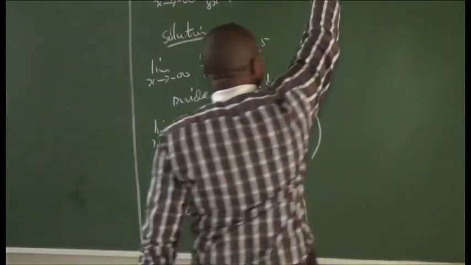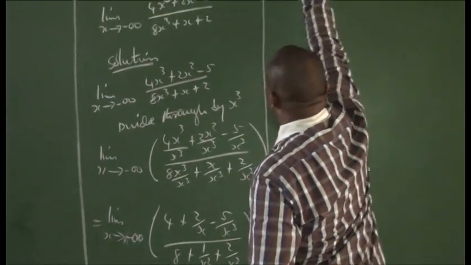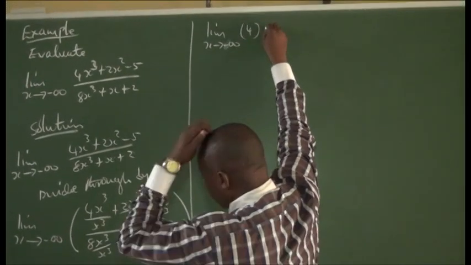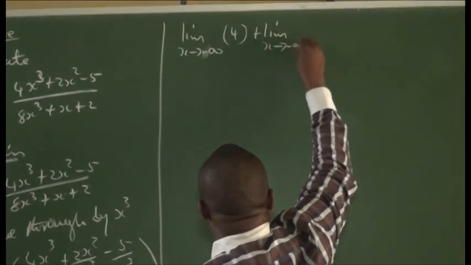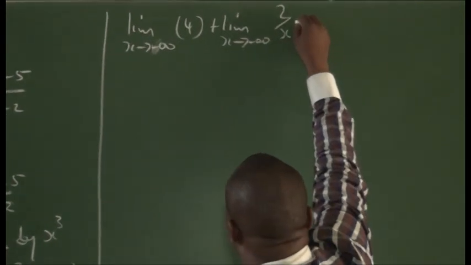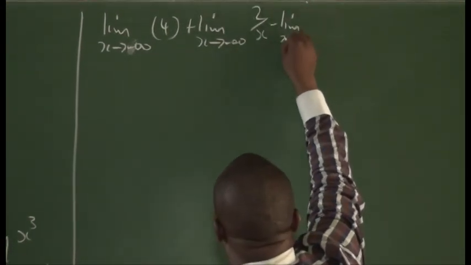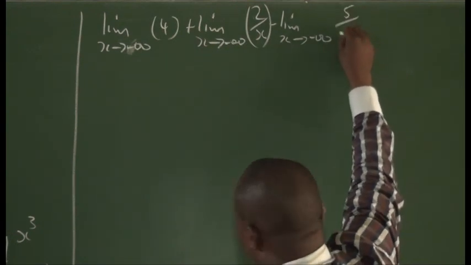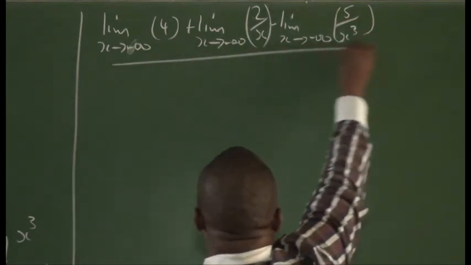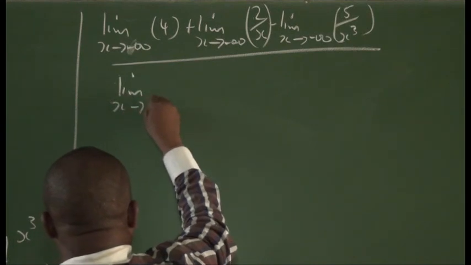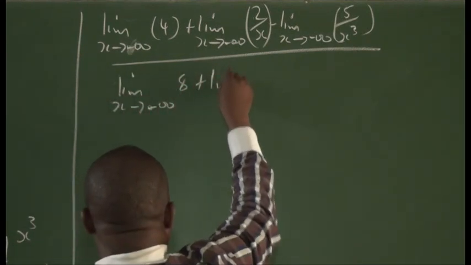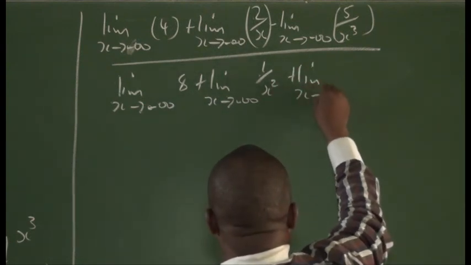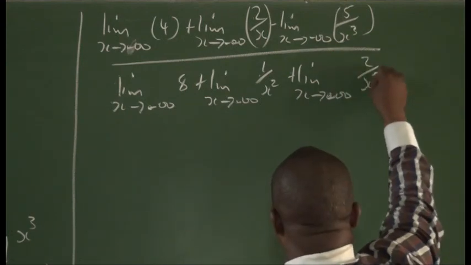Then if we have that, we can take the limit of each term as x approaches negative infinity of 4, plus the limit as x approaches negative infinity of 2 over x, minus the limit as x approaches negative infinity of 5 over x cubed, over the limit as x approaches negative infinity of 8, plus the limit as x approaches negative infinity of 1 over x squared, plus the limit as x approaches negative infinity of 2 over x cubed.